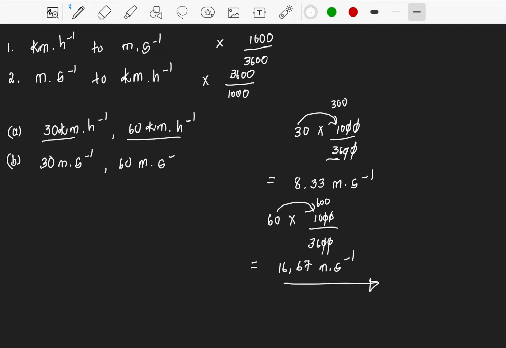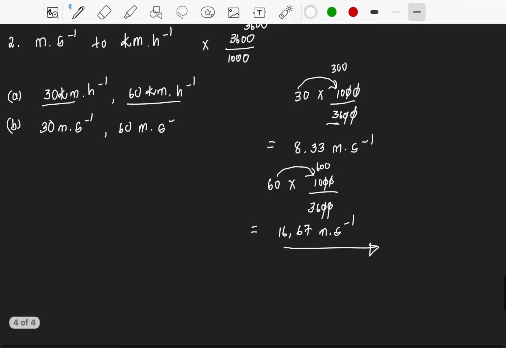And then we continue to conversion of velocity itself to the speed, which is measured in kilometers per hour. So with that one, you're going to say 30 multiplied by 3,600 over 1,000, which is equals to, this cancels that, this cancels that, and this cancels that.